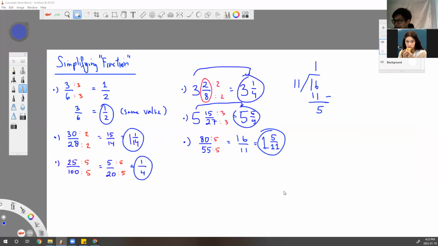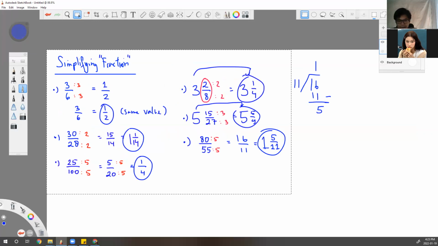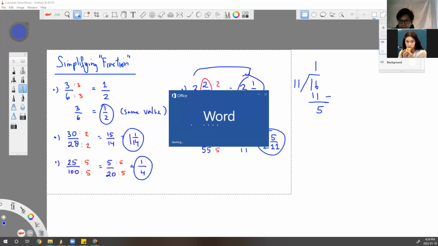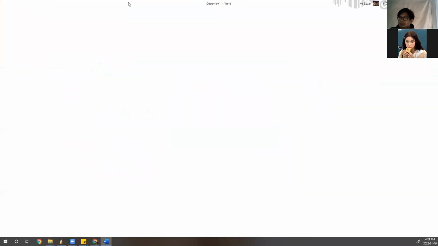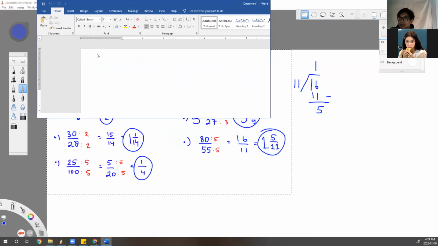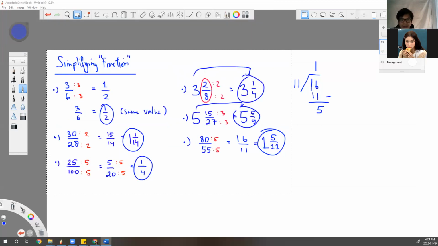I will give you some questions regarding this part. Wait, I will put this into Microsoft Word, a moment, and I will give you some questions about this. Simplify the fraction. Okay, wait. I think I need to put it on the other part. So, yep, done.